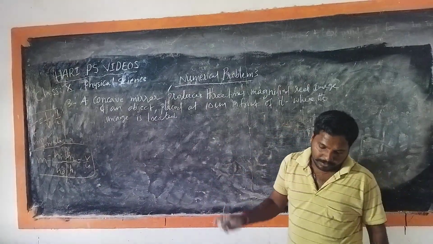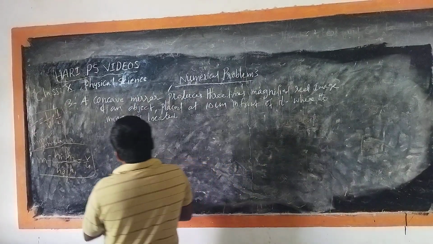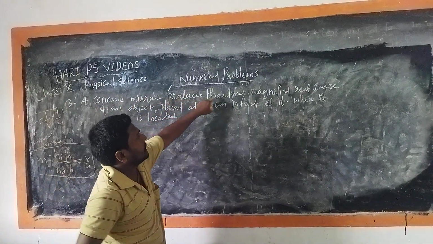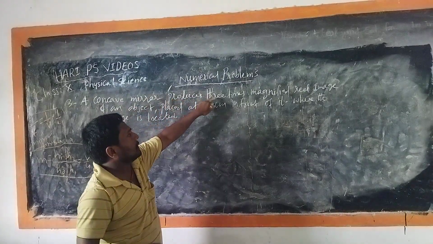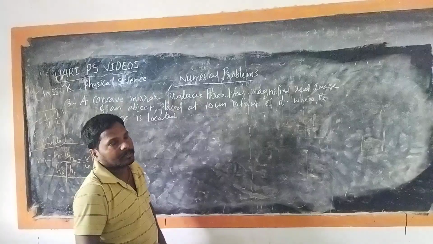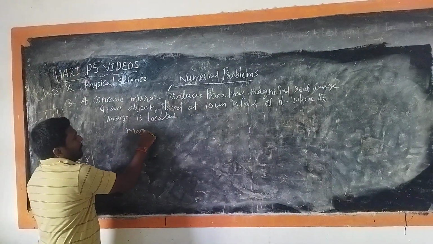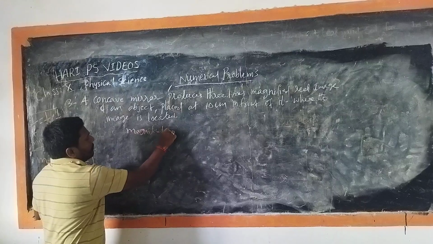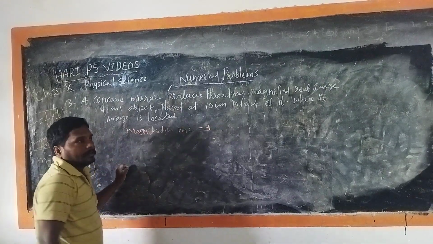See, magnification m is given in this problem. A concave mirror produces a 3 times magnified real image. So magnification m is equal to minus 3.